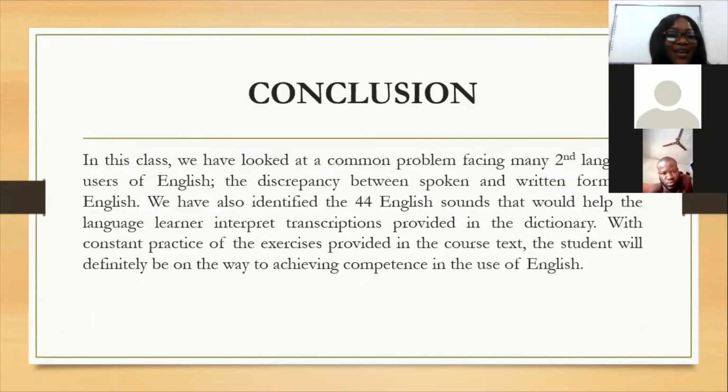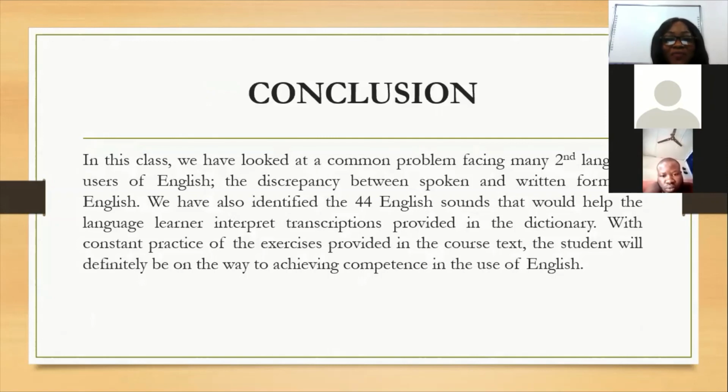All right. In this class today, we have looked at a common problem facing second language users of English. We have looked at the discrepancy between spoken and written forms in the English language. We have identified the 44 English sounds that every language learner should know in order to interpret transcriptions provided in the dictionary.